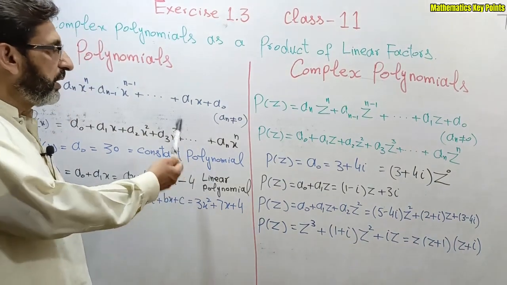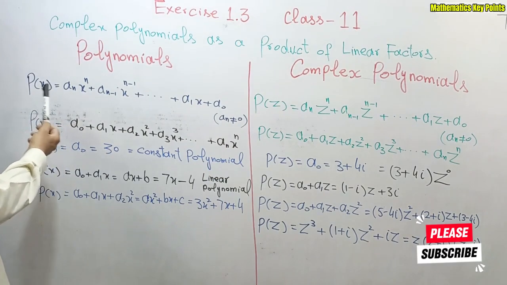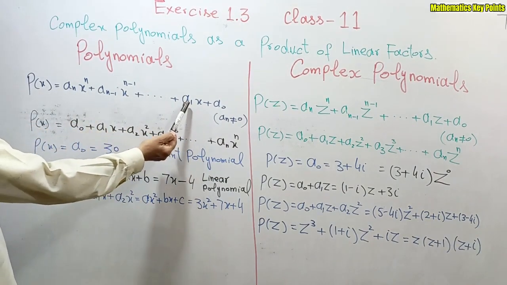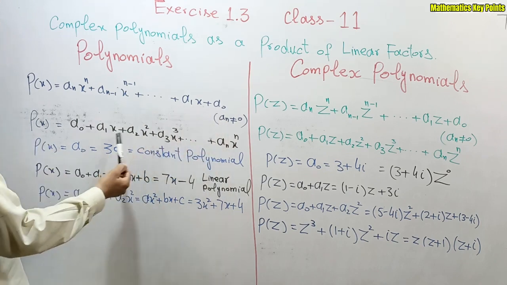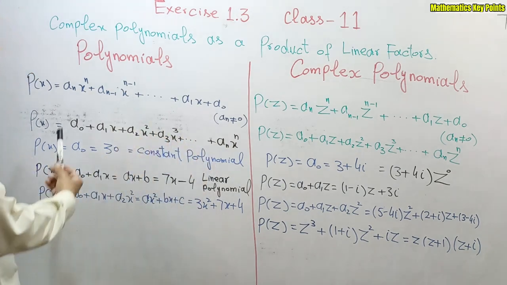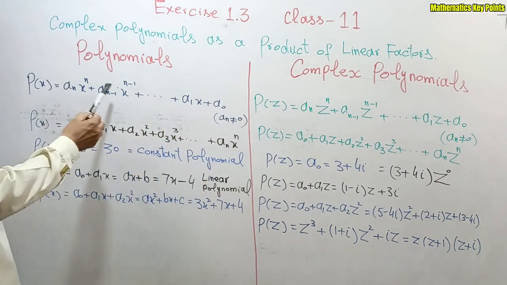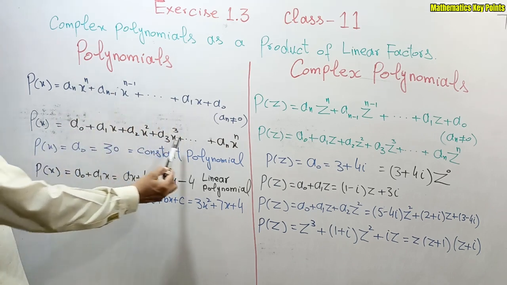Guys, these are some examples of polynomials and complex polynomials. First, the standard form of a polynomial is this, and if we write it from a0 plus a1x plus a2x square, we can write it in this format. We can say one is written in descending powers of x and the other in ascending powers of x.